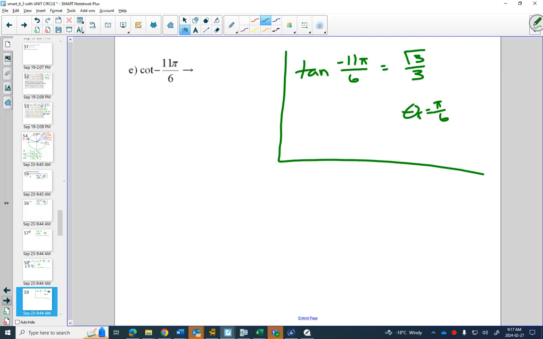I still have to figure out what quadrant 11 pi over 6 is. Now if I think in the positive direction, 11 pi over 6 is on my pi plane. It's right here in the positive direction. That goes all the way to the 4th quadrant in the positive direction. So if I went that same distance in the negative direction, 1, 2, 3, 4 quadrants in the negative direction, do you see that it would be in quadrant 1?